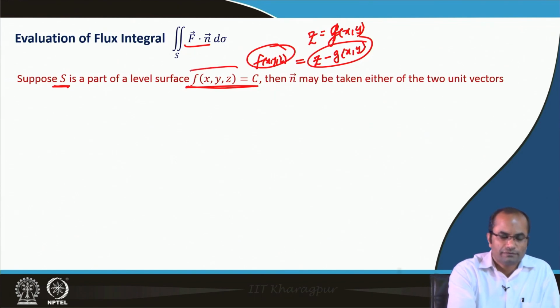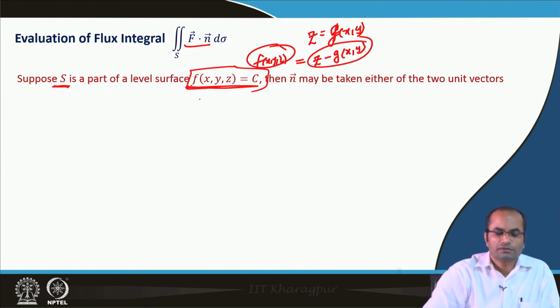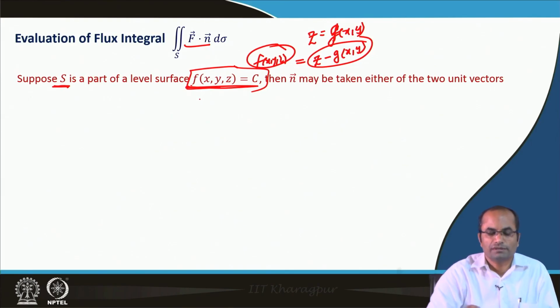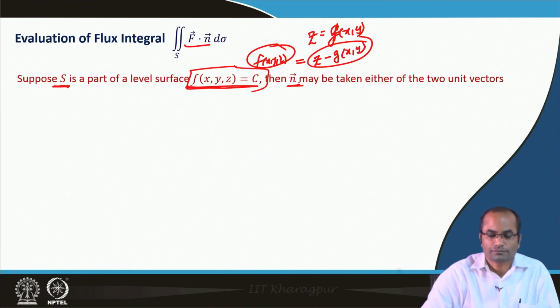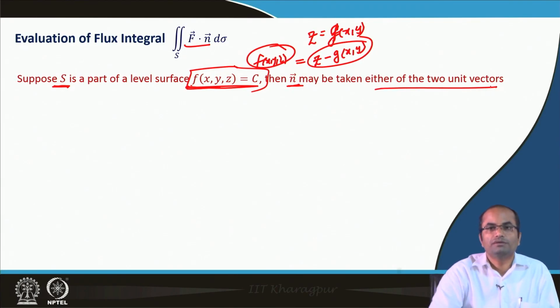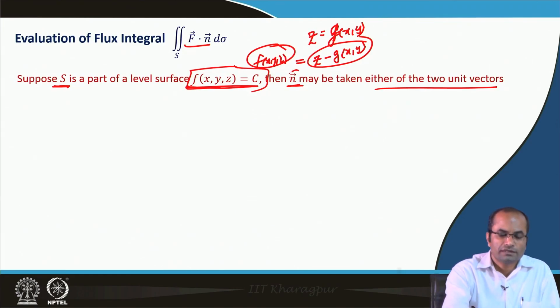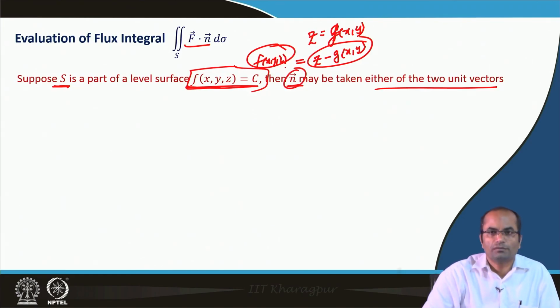Once we have taken the equation of the surface f(x, y, z) equal to a constant, then the unit normal n may be taken as either of the two unit vectors, as I discussed before, since there are two directions. We can compute it with the help of the gradient.